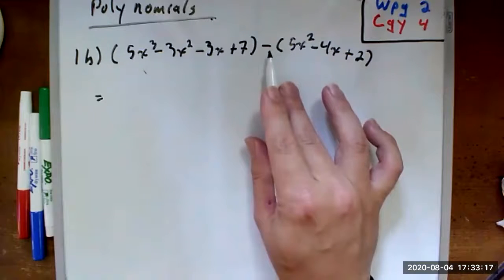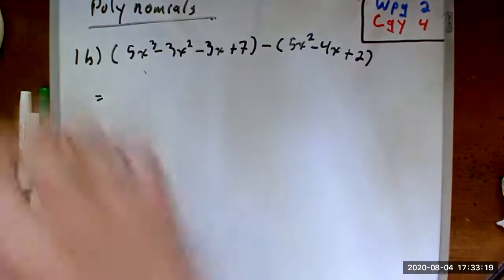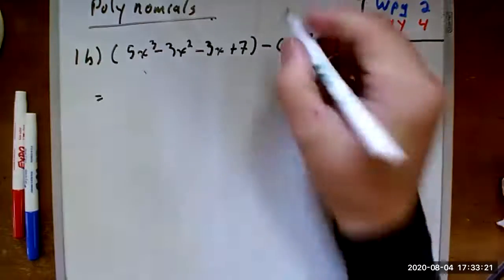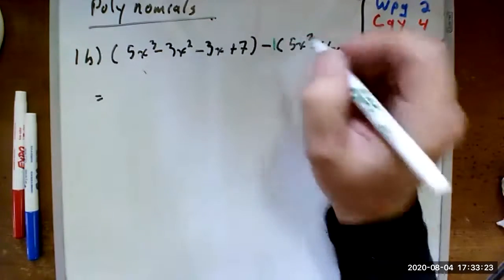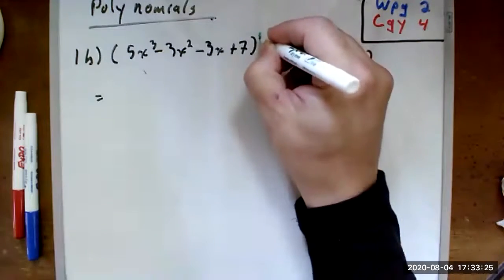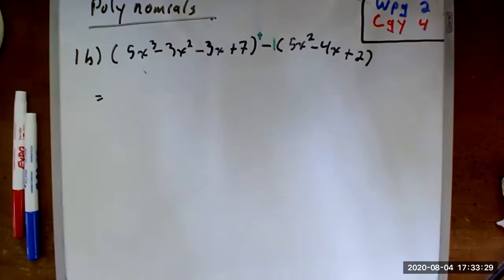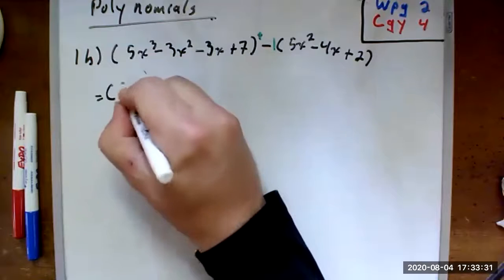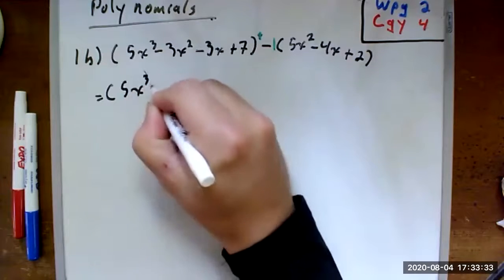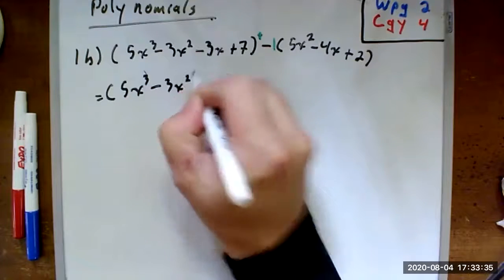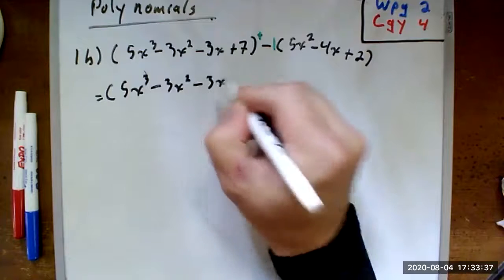That's most often where things go sideways. This minus needs to be distributed. When I say distributed, you want to think of this in a strange sort of way. It's like having a minus 1 outside of this bracket, so this is like saying plus minus 1 times all of those things.